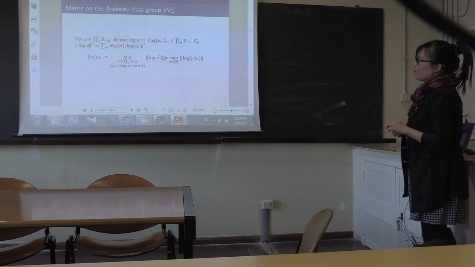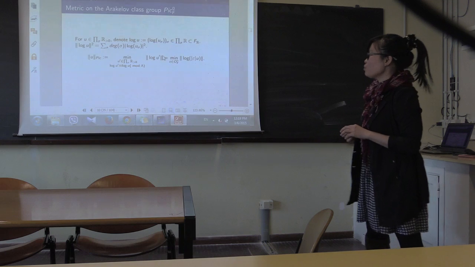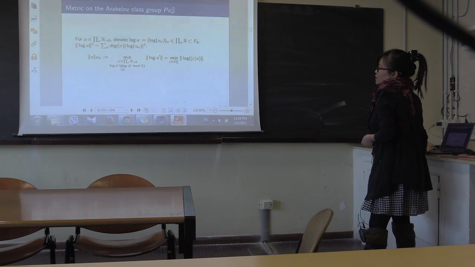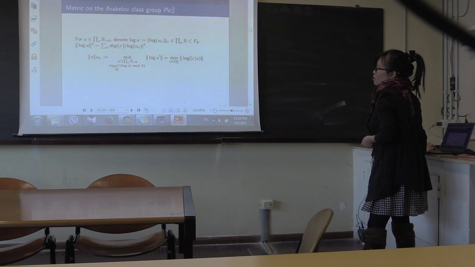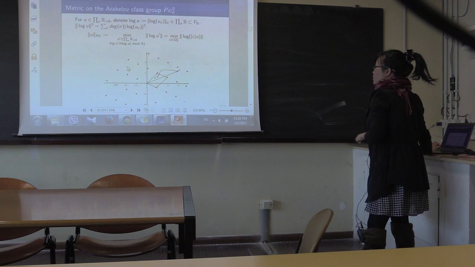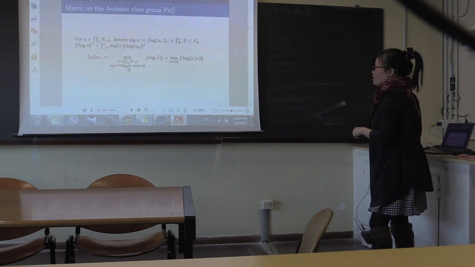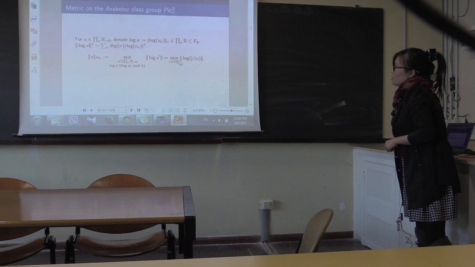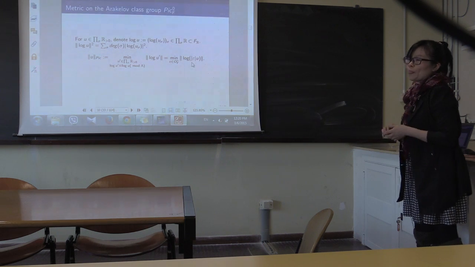And you define the length of u, length Pic, as the minimum of the lengths of vectors log u prime, where you take any u prime so that log u prime and log u are the same modulo lambda. In other words, it's defined by this formula.